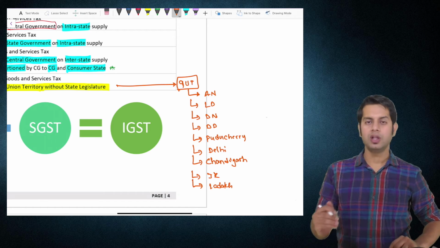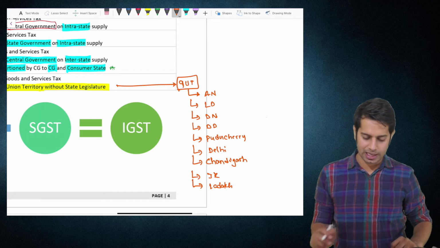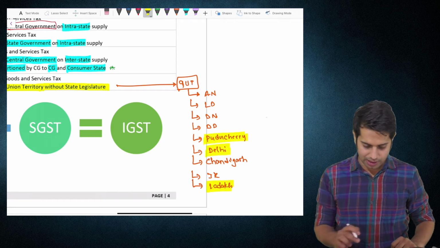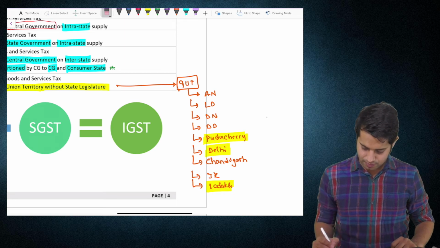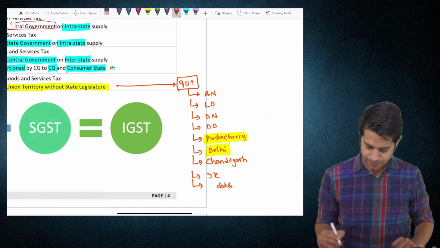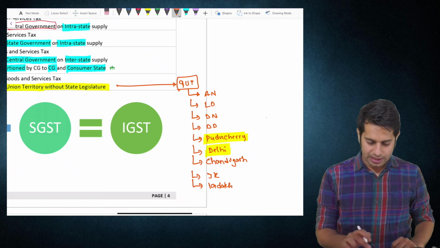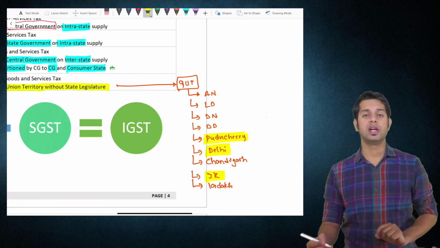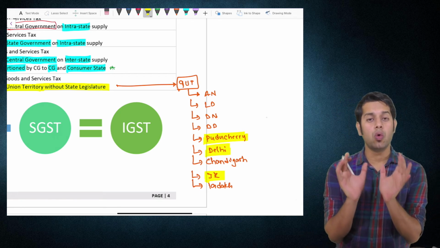Now, out of all these different union territories in India, Puducherry, Delhi and Jammu and Kashmir are the union territories which can have their own government.